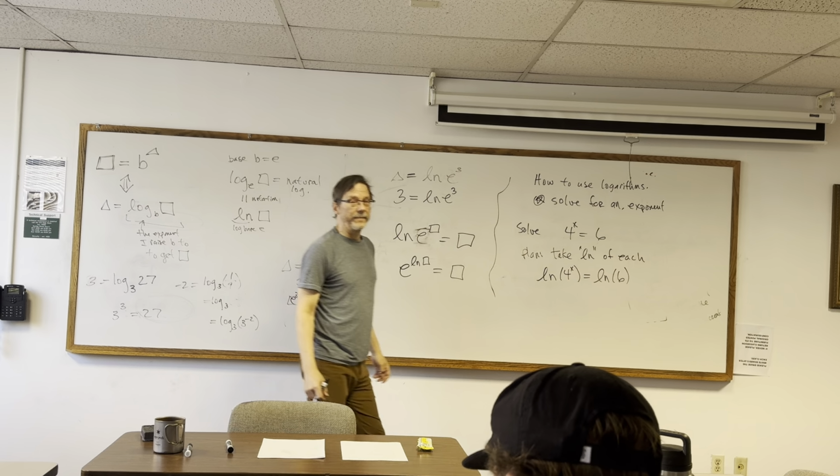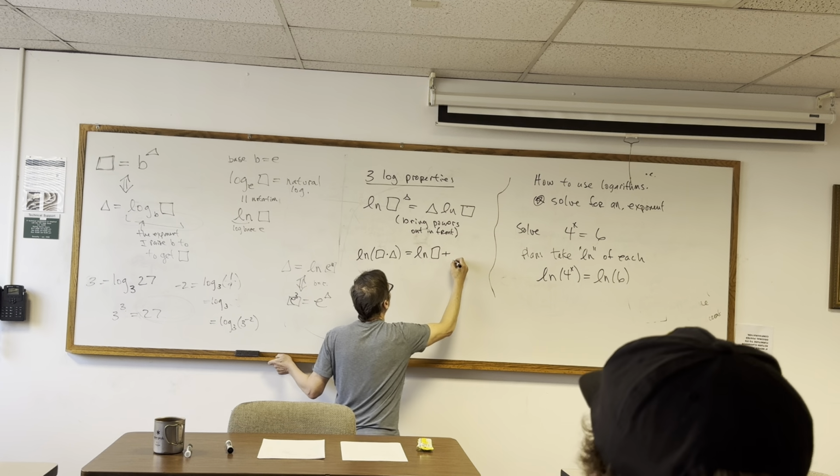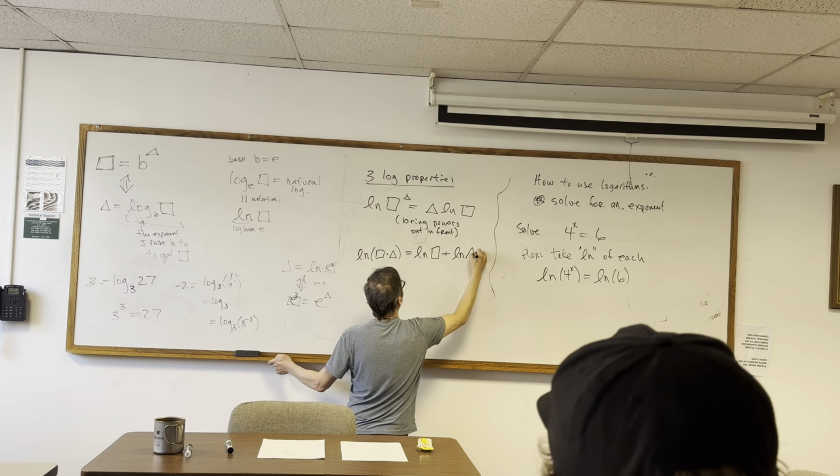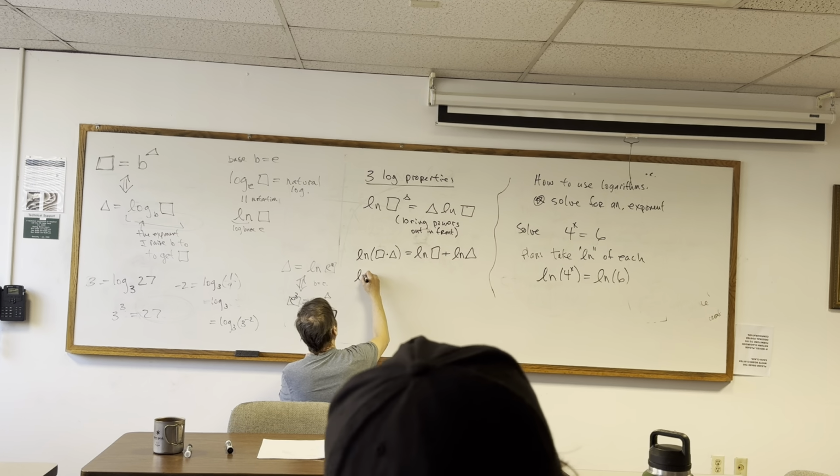I can bring the power out in front. So this is bring powers out in front. The other one is that if I have a natural log of something times something else, if there's multiplication before I do the log, that turns into the sum of those 2 things if I do each piece separately. And then one more: the natural log of something divided by something is the difference in those 2 things.